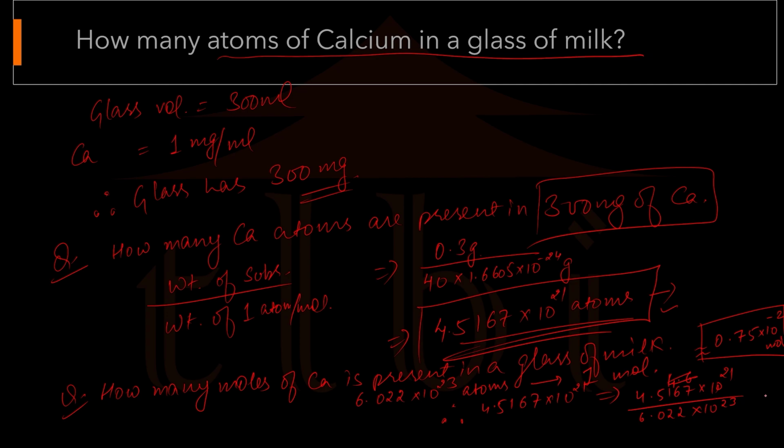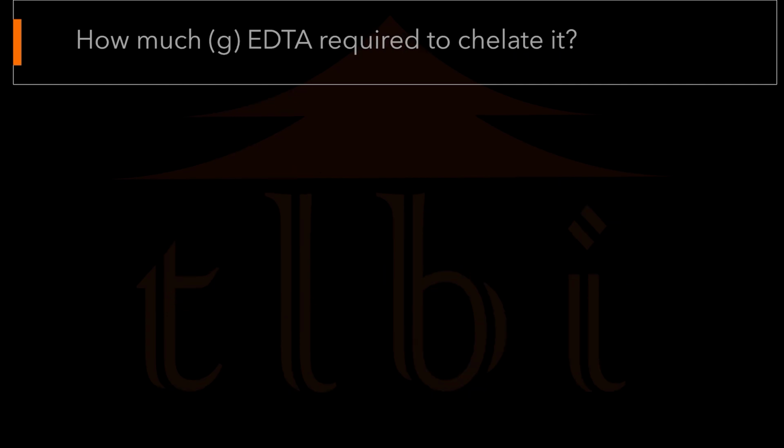Okay. Now let's look at another question. How much, in terms of weight, EDTA is required to chelate it, right? Now if you are in a younger standard, you might not know what EDTA does.